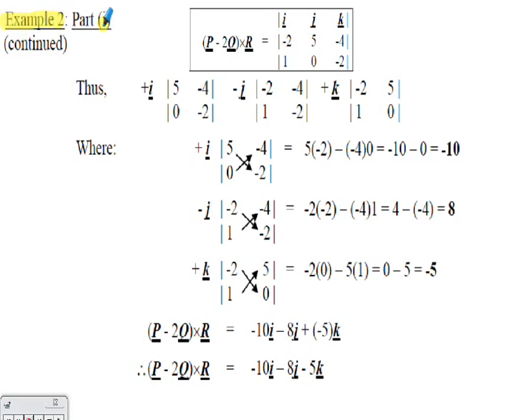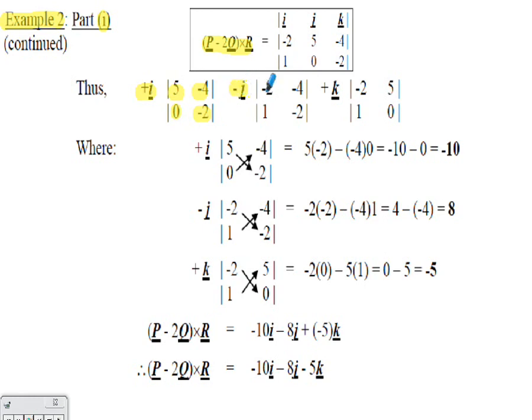Example 2, part 1 continued, just repeated the determinant for p minus 2q times r for convenience. So now we're going to form our 3 individual determinants. For plus i, the coefficients are 5, minus 4, 0 and minus 2, and we get that by covering up the i column and reading to the right.